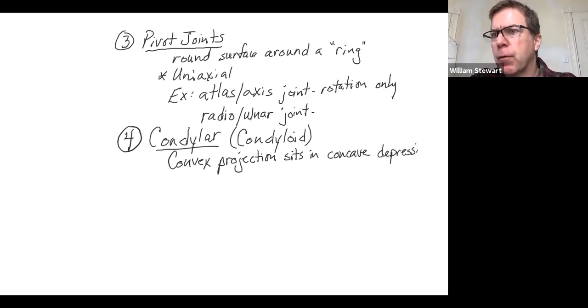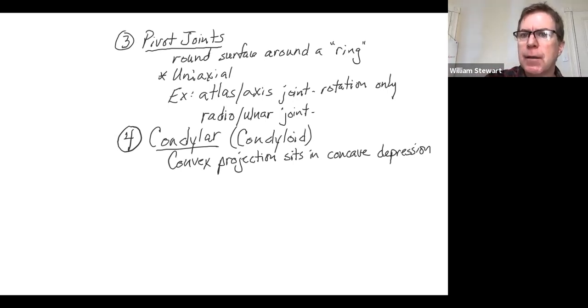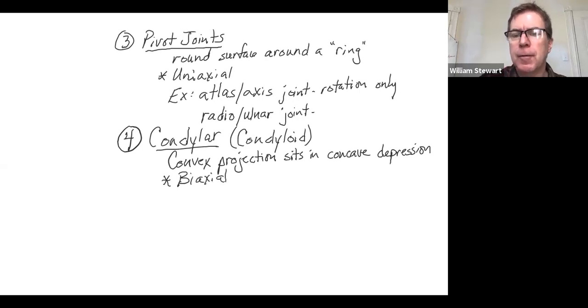I'll be specific with what type of joints these are. These tend to be, let's be consistent here, biaxial. So they move in more than one plane or more than one axis. The movement, just remember, biaxial means the movement is around 2 axes, not just one.